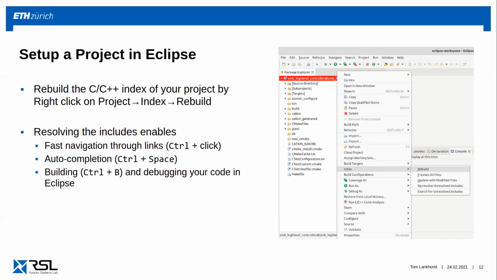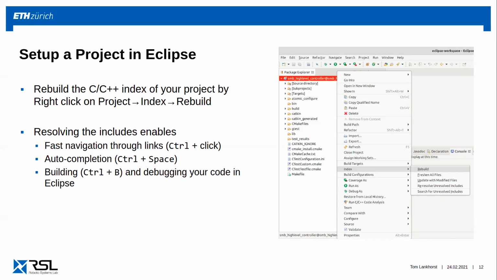From that point on, you can use code analysis features like navigating through links between implementation and definitions. There are some shortcuts which are very useful to know, like the Control-click shortcut for fast navigation through related links.